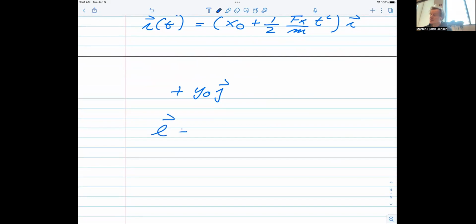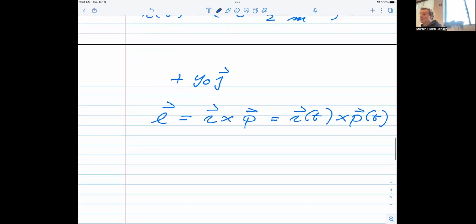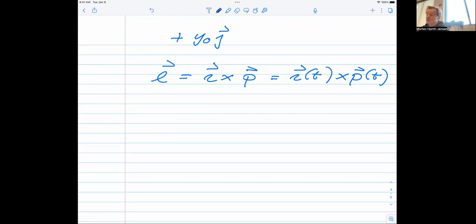So L is simply now R times P. So we have R as a function of time, cross product with P as a function of time. So what I need to do now is simply to put in these expressions.